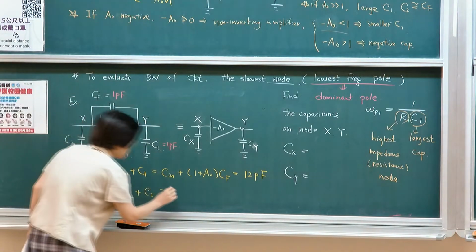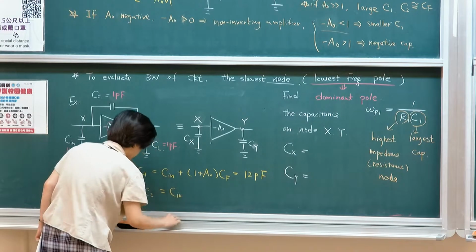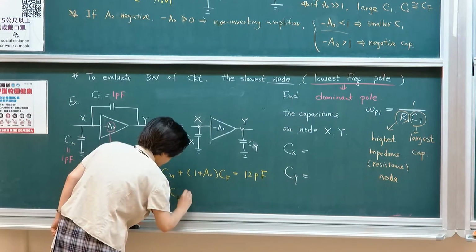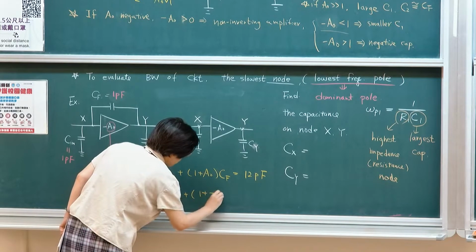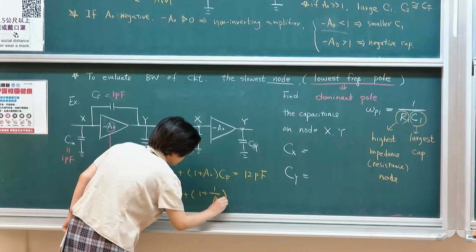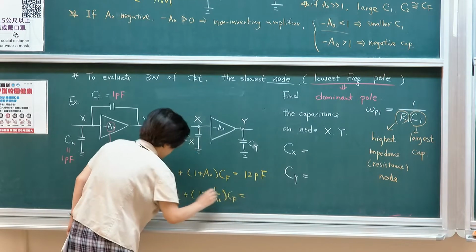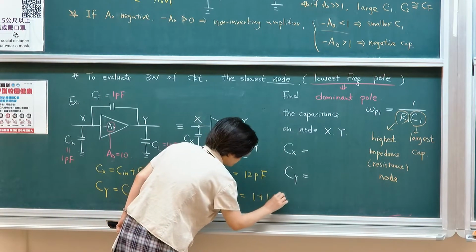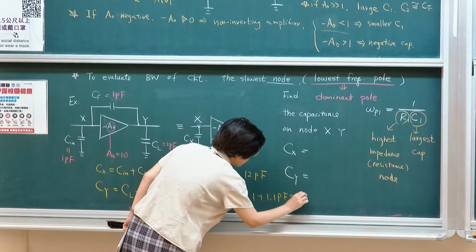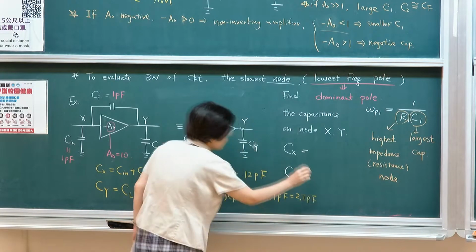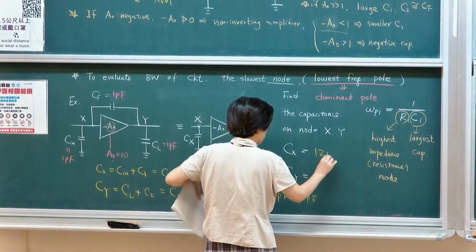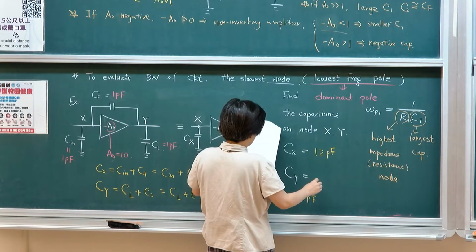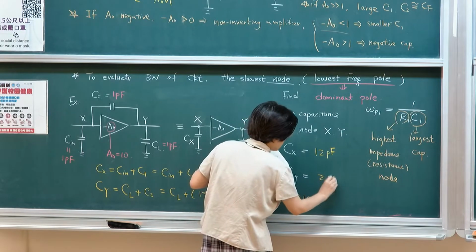C2 is based on the Miller approximation, so this will be C load plus (1 plus 1 over A0) CF. So this is 1 plus 1.1 pico, which gives me 2.1 pico. So CX is 12 and CY is 2.1.